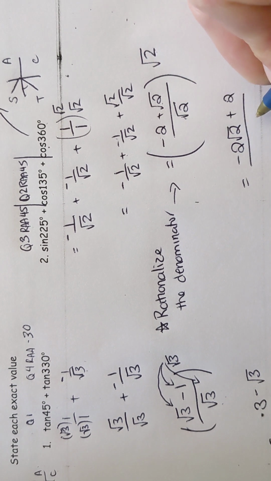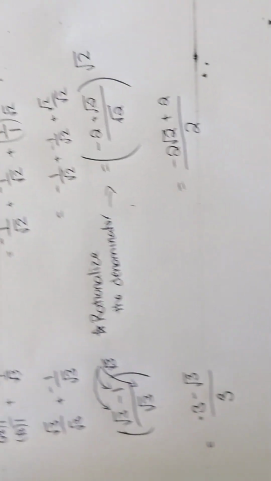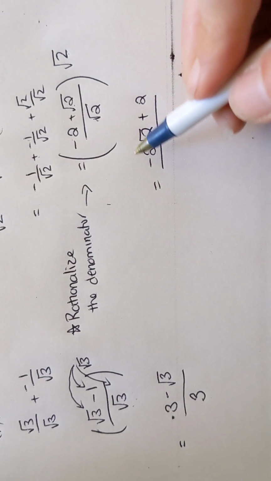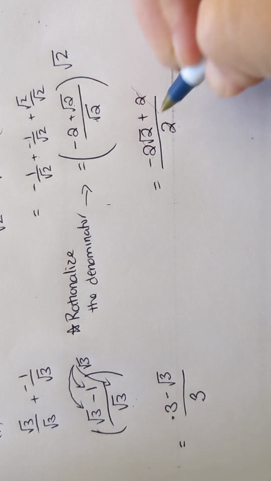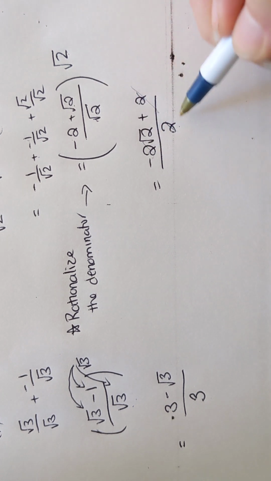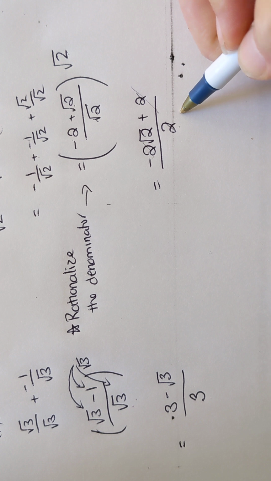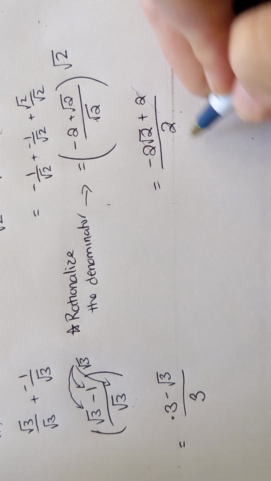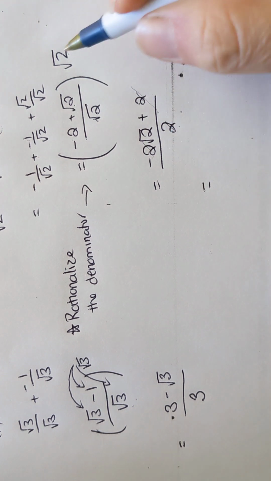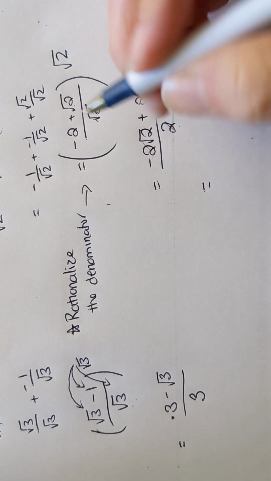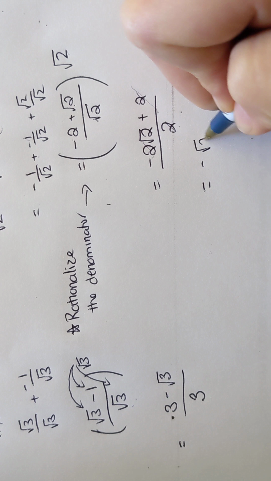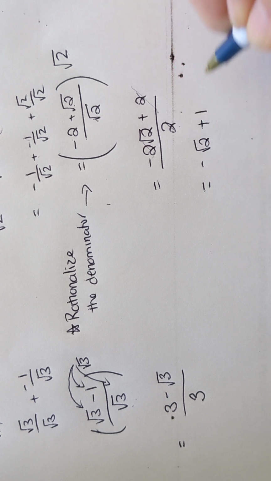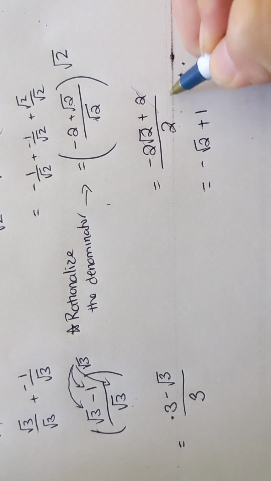Root 2 times root 2, 2. Now I have a common factor. I notice that all of these things can be divided by 2. So I'm going to factor out this 2. So I'm putting this into lowest terms now. So in the end, I'm going to have negative root 2 plus 1. And then that'll cancel because that would become a 1 on the bottom.